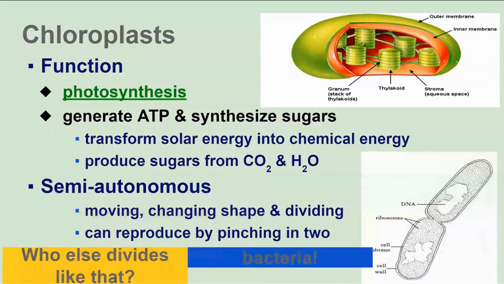Okay, and so again, chloroplast, the function is photosynthesis, generating ATP, and then synthesizing sugars. The chloroplast takes solar energy, converts it into chemical energy, either in the ATP or the sugar.